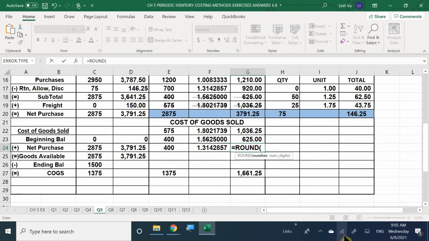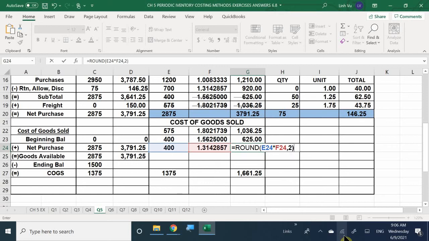So in this case, first argument is going to be my equation. So I want to do 400 times the 1.3142857. End my argument with a comma. Then I want to place it in two decimal places. I want to round it off to the nearest penny.